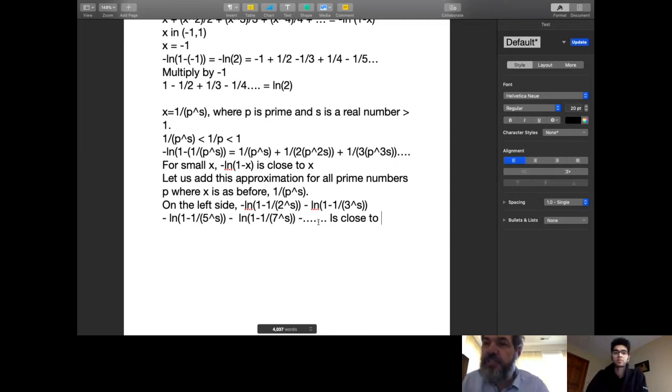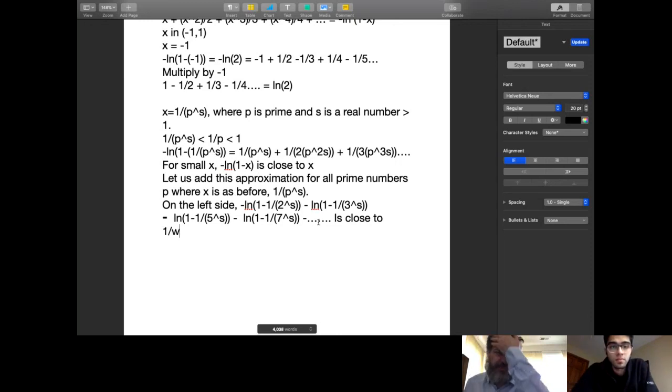So let's add all these things. The whole sum is close to 1 over 2 to the s, plus 1 over 3 to the s, plus 1 over 5 to the s, and so on.